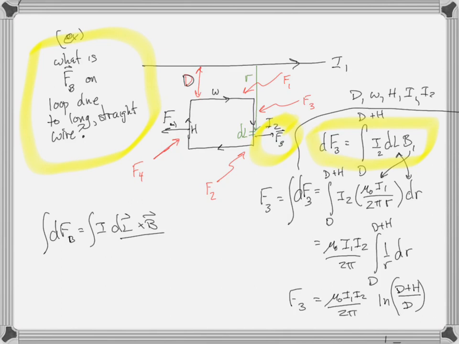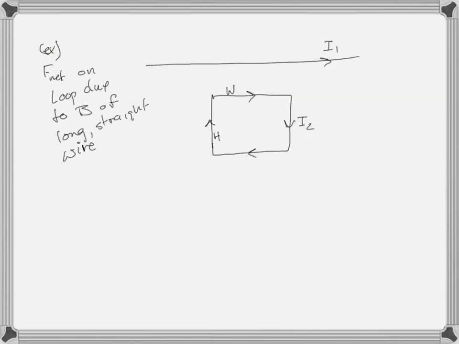You didn't actually have to do the integral to answer this question. The force on the right is equal and opposite to the force on the left because it's completely symmetrical. Whereas the forces on the top and bottom, 1 and 2, are not equal and opposite because they're different distances away from the wire.